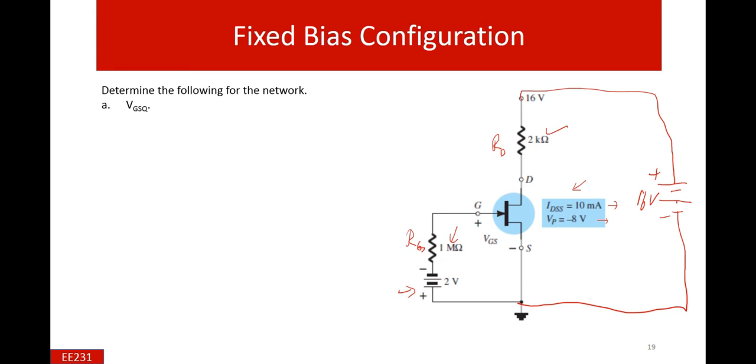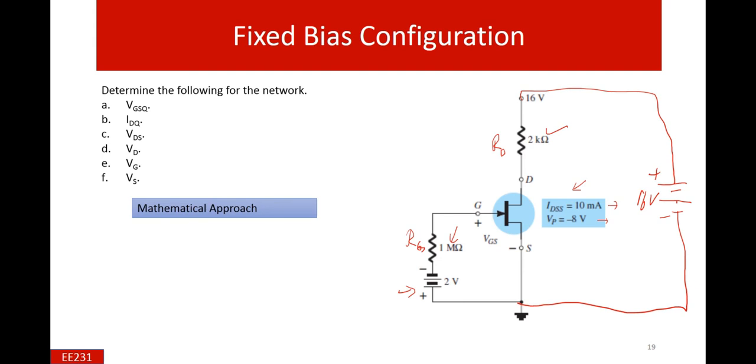It may lie on the load line, maybe sometimes it is off the load line, but definitely this is the Q point. Next is the drain current, next is VDS, next is the drain voltage, next is the gate voltage, and next is the source voltage.